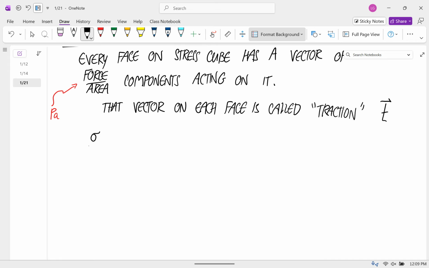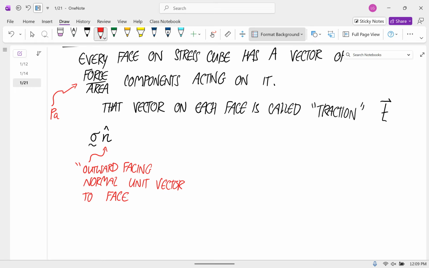If you take the stress tensor and multiply it by a unit vector n, and this n is the outward facing normal, and it's a unit vector, to the face that you want to find out about, that gives you the traction vector on that face.